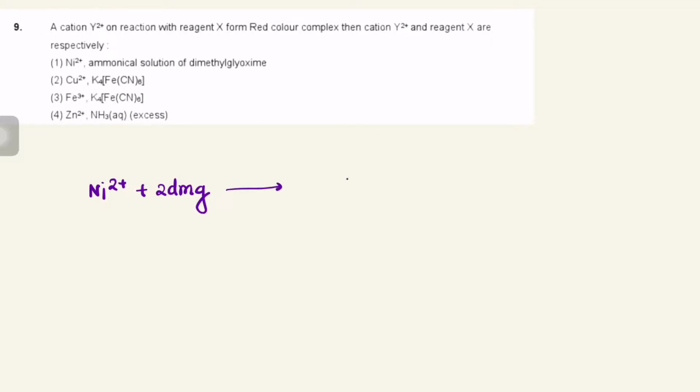In that, basically, this complex looks like this. See, we have carbon, carbon, methyl, methyl. After that, it is N, then it is O negative. Here it is OH. So it is glyoximato, OH. Now this side also we have the same.